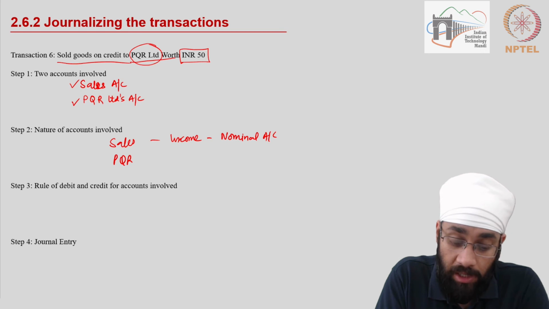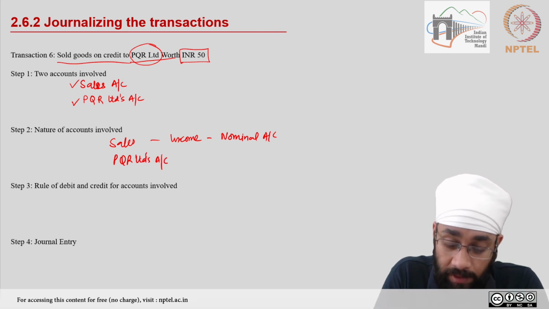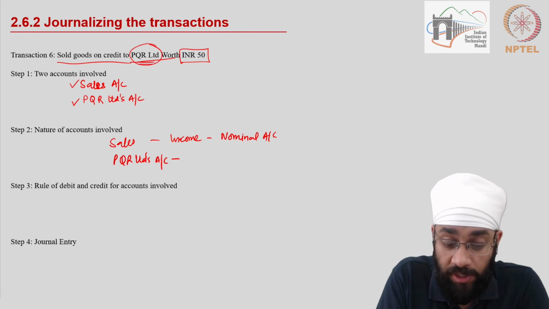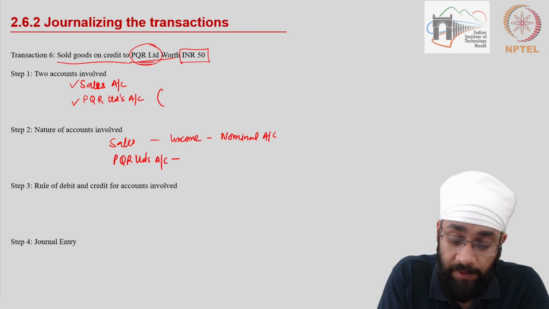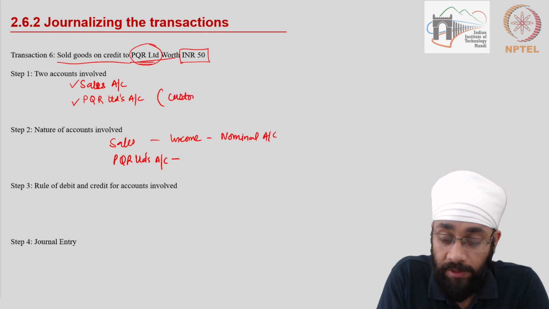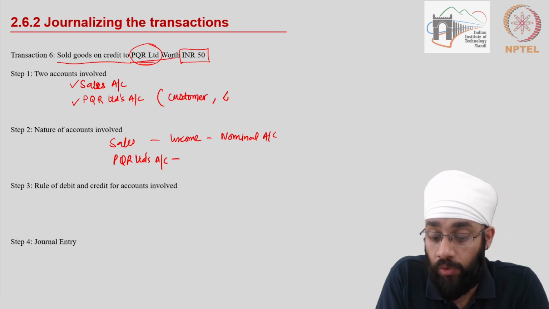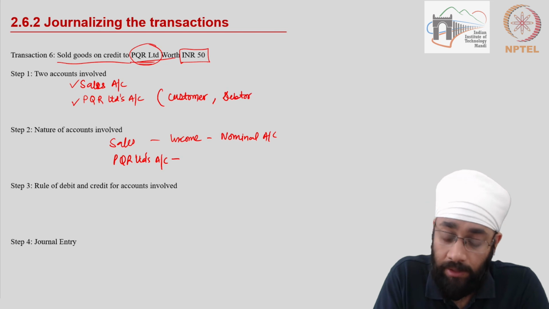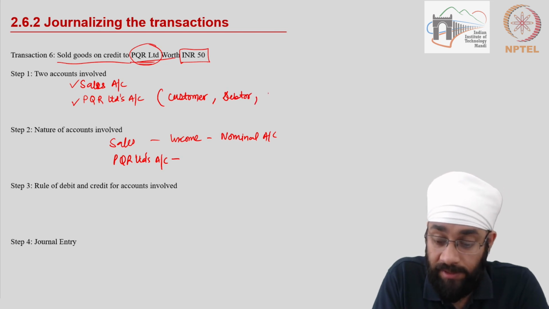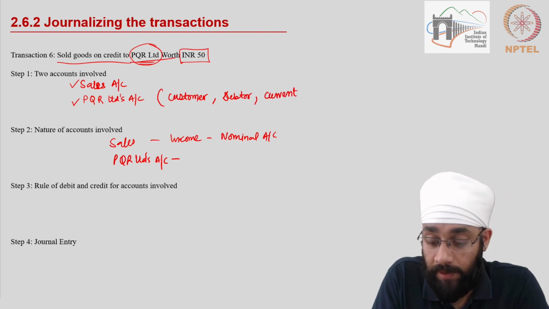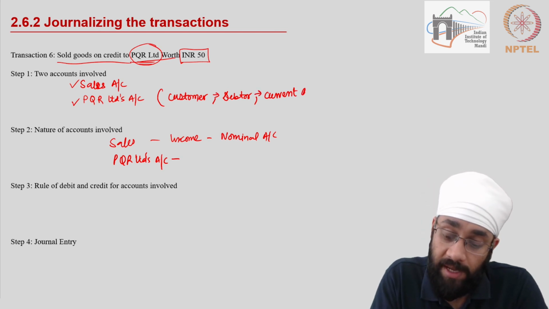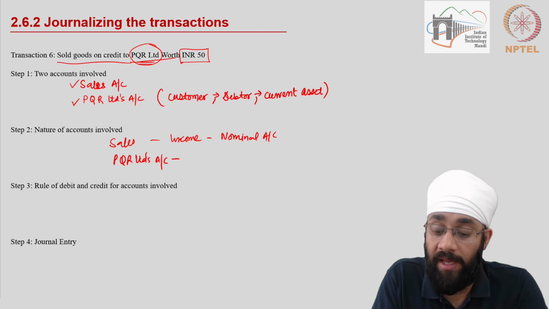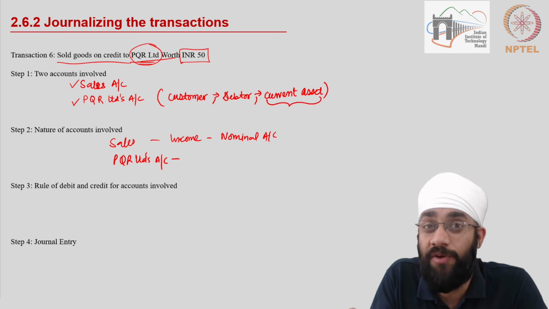And PQR Limited's account. Now this is your debtor, this is your customer. So let me spend a little bit of time here. This is your customer, this is going to become your debtor, and debtor is a current asset. So current asset. A current asset is being generated.